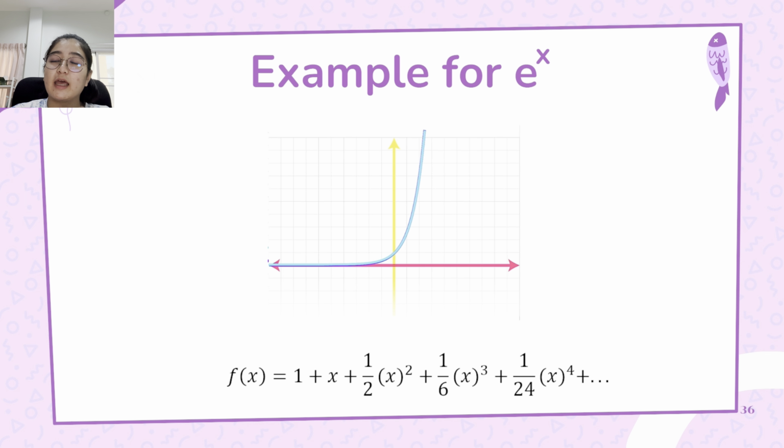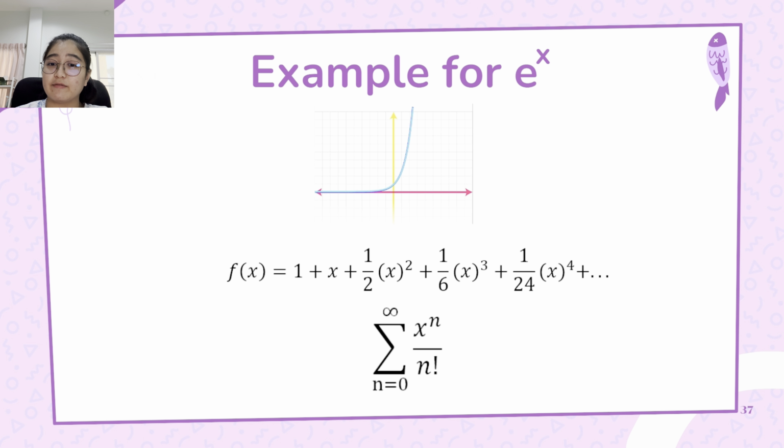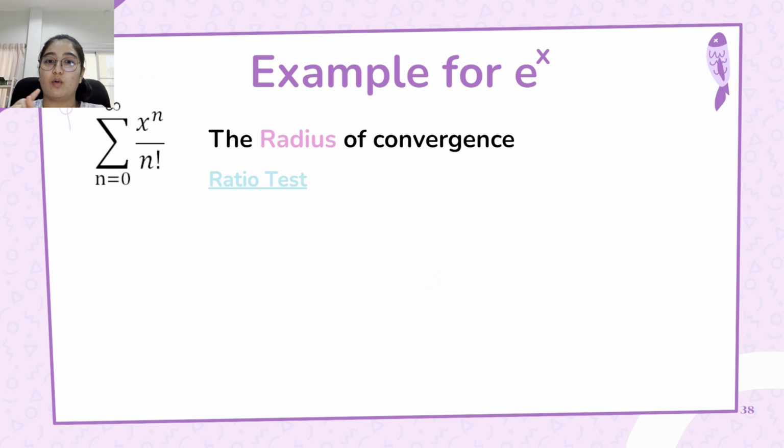So after calculation, this is the expansion: the function is 1 plus x plus 1 divided by 2 multiplied by x to the power 2 plus 1 divided by 6 multiplied by x to the power 3.